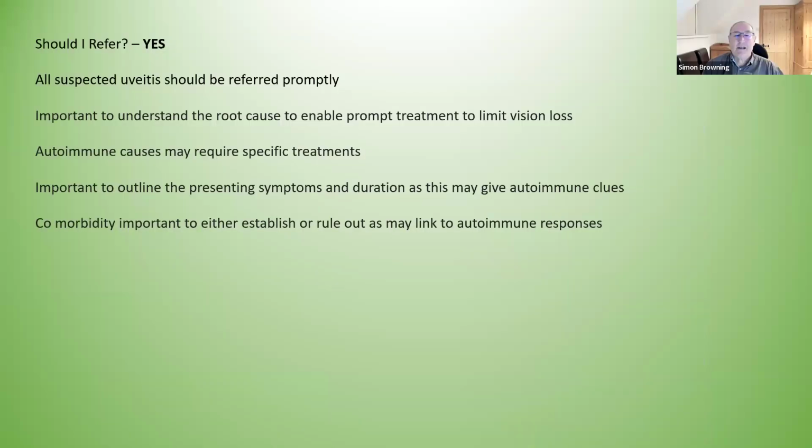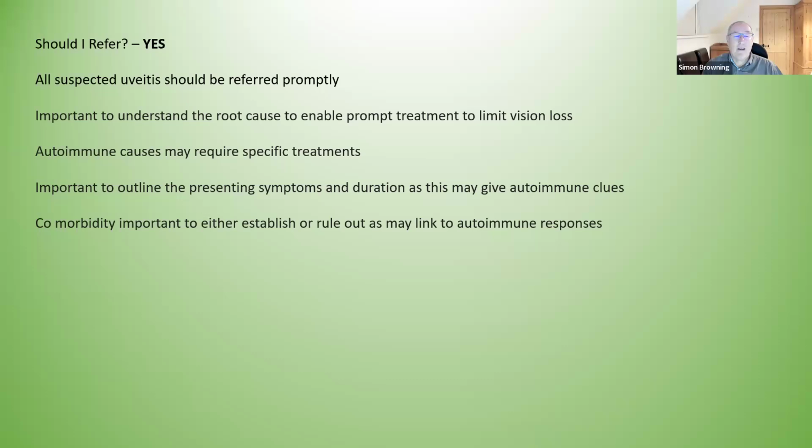So again, because it's an inflammation, all suspected uveitis really should be referred promptly to understand the root cause of the problem, and to try and find out what autoimmune route there is, because each one may require very specific treatments. It may require very specific diagnostic routes as well.